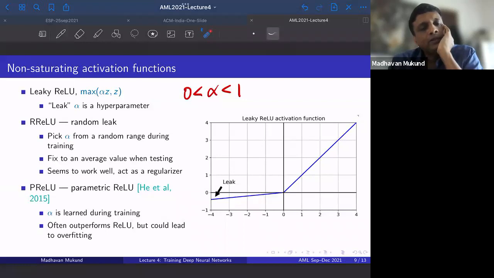What they say is you learn the slope as well. So you make the slope one of the parameters. They showed in this paper you can actually learn this leak. And if you learn the leak, then you might get a much tighter model than you get for the other things. But the danger of this is that you actually get something which can be very over precise. So you can get overfitting.